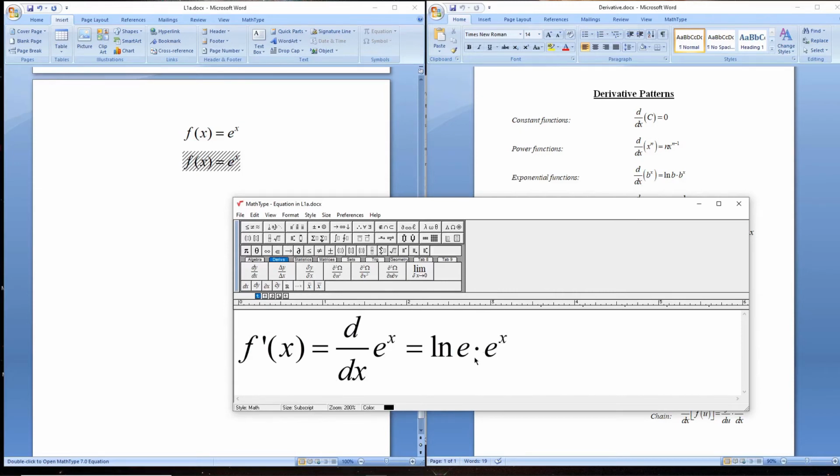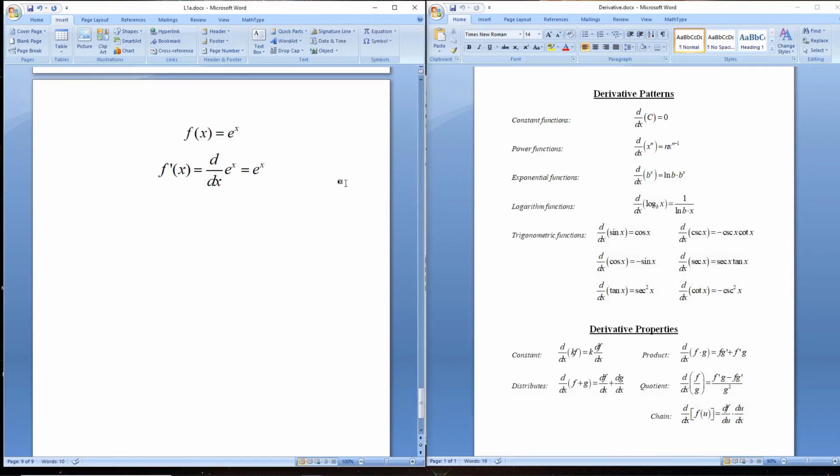And what is the natural log of e? It's 1. The derivative of e to the x is itself. And the only other function that has that property actually is 0, because the derivative of 0 is 0.